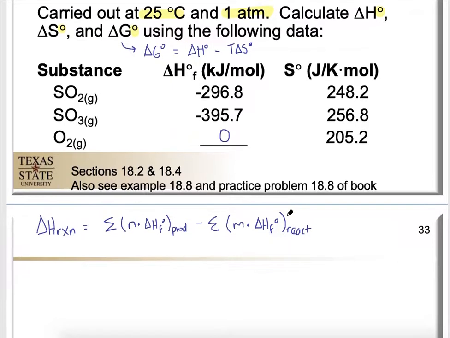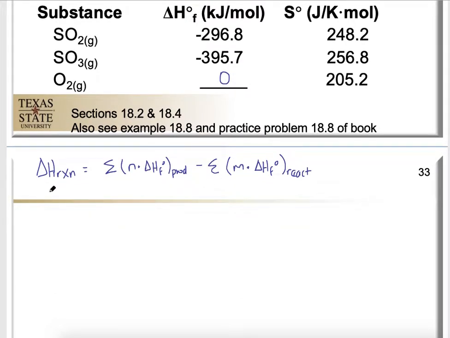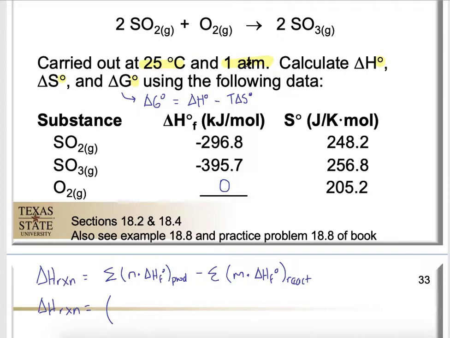Great. So what does that mean? What that means is that I'm going to take the delta H reaction and say, okay, my only product is sulfur trioxide. So I'm going to come to the table and find sulfur trioxide.